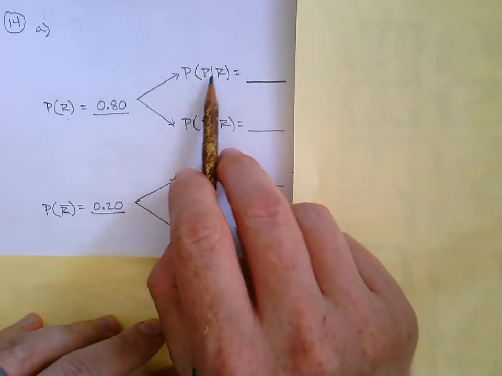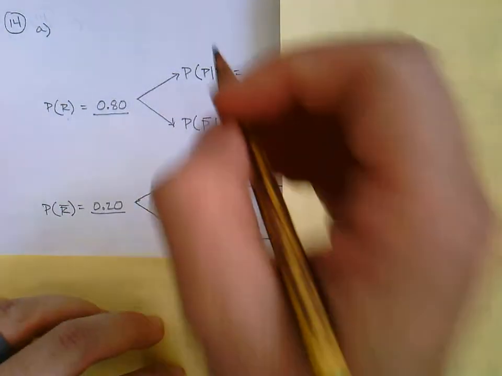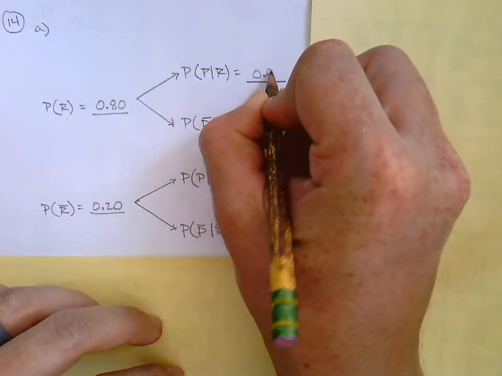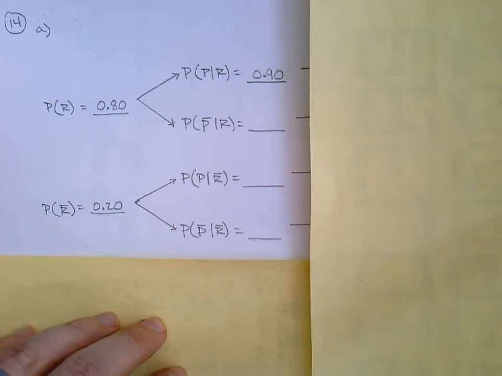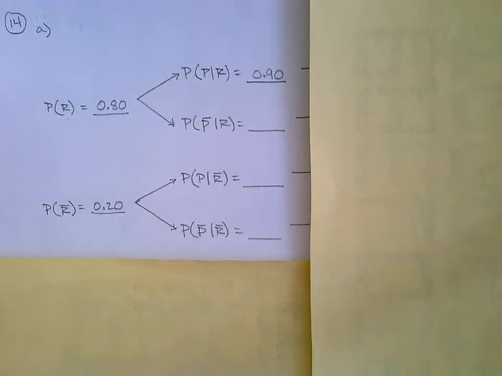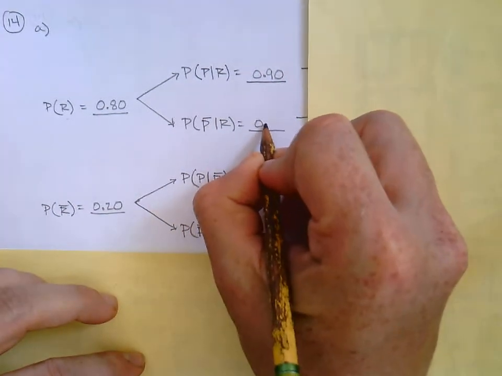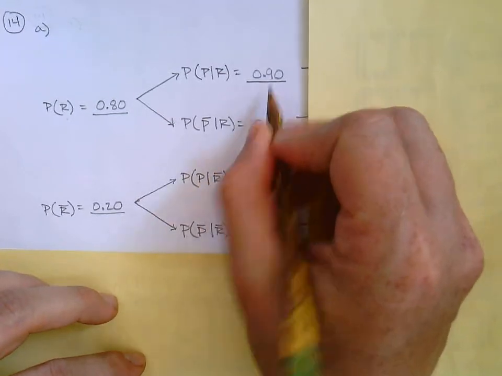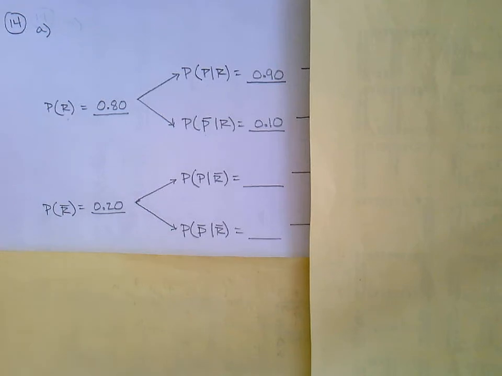So of the people who go to the review, 90% pass. That's 0.90. Then of the people who go to the review, what are the chances of not passing? It's got to be 0.10, right? These two have to add up to 100% of the people who went to the review.